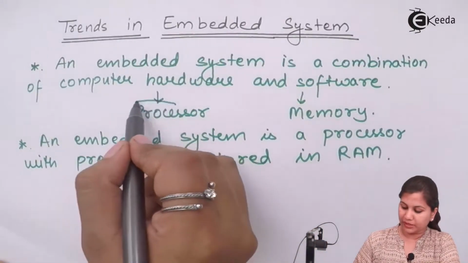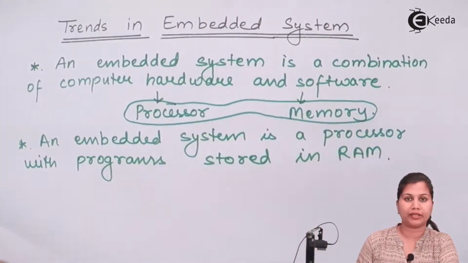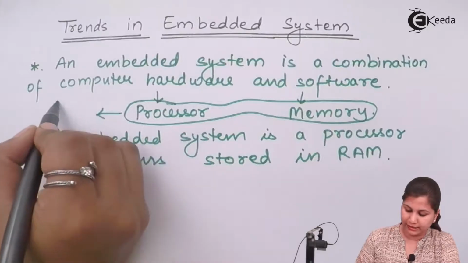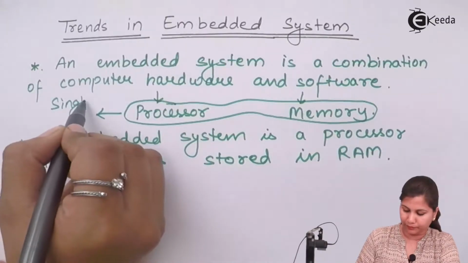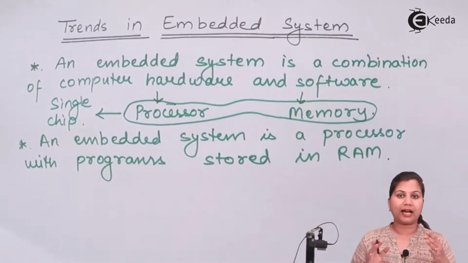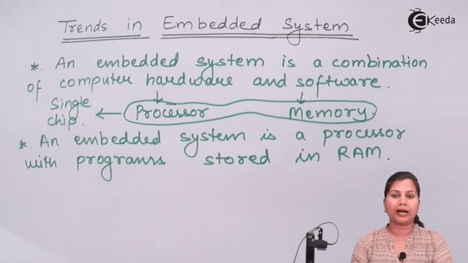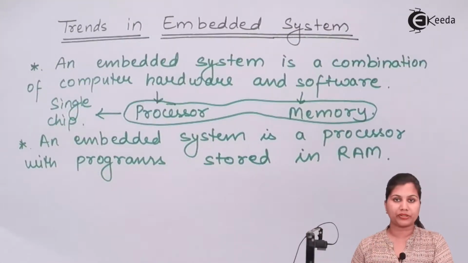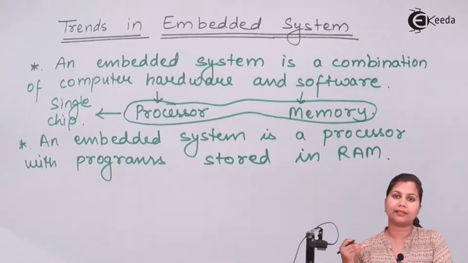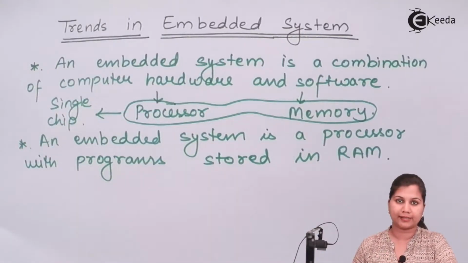Both this processor and the memory of the embedded system are present on a single chip. So we can say that hardware and software are present on a single chip. The hardware part consists of the processor, and the software part consists of the memory in which the programs and the data are stored. So that forms the embedded system.